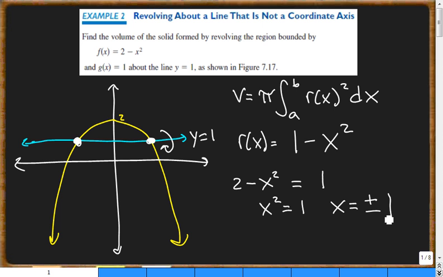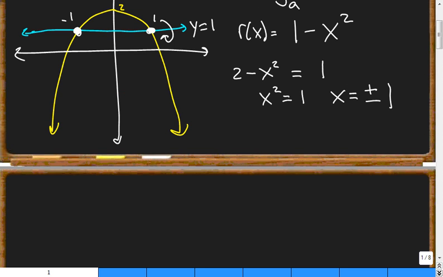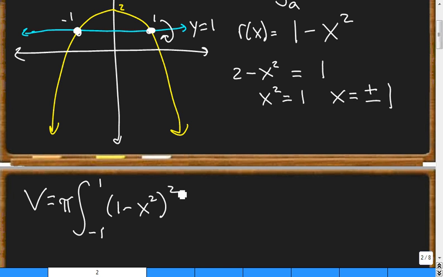So this is negative 1, this is 1. So we have our bounds, we have our radius function, so we can set up our volume function here. So our volume is going to be pi times the integral from negative 1 to 1 of our radius function, which is 1 minus x squared, squared.